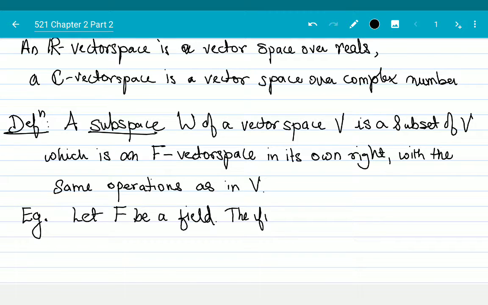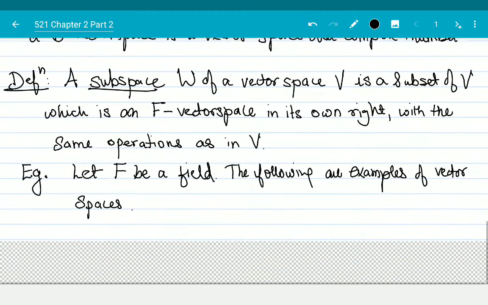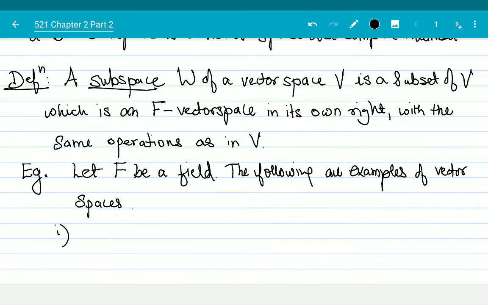The following are examples of vector spaces. Oftentimes, vector spaces will be denoted just v.s. First, F itself is a vector space. F is an F vector space.